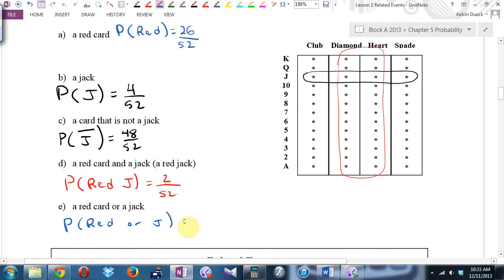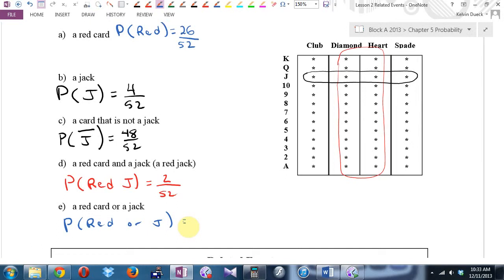Jordan, in English, if I have a Hershey bar and a Mars bar, and I say you can have the Hershey bar or the Mars bar, you don't get both. Or means one or the other, but not both in English. In math, in probability, the word or means one or the other or both.